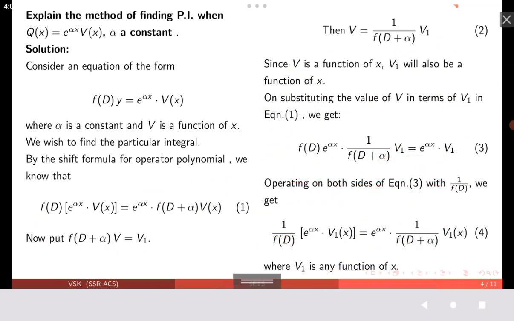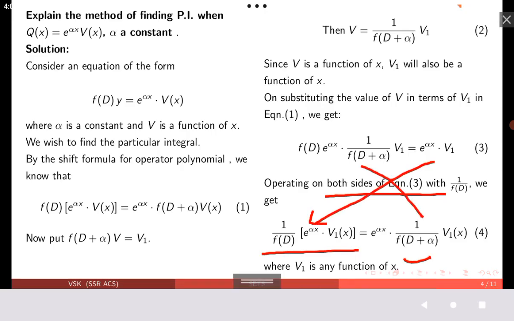Now, operating both sides of this equation number 3 with 1 upon F(D), what will we get? We'll get 1 upon F(D) e to the power alpha x V1(x) equal to e to the power alpha x into 1 upon F(D plus alpha) V1(x), where V1 is a function of x. Here, when we operate 1 upon F(D), the left hand side is written over here, and the right hand side is written over here.